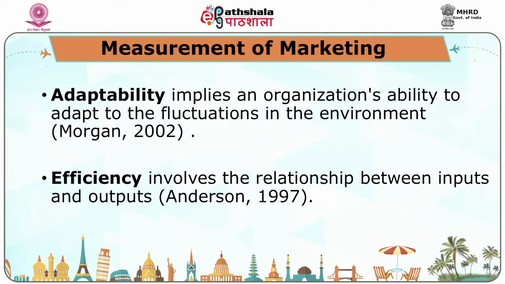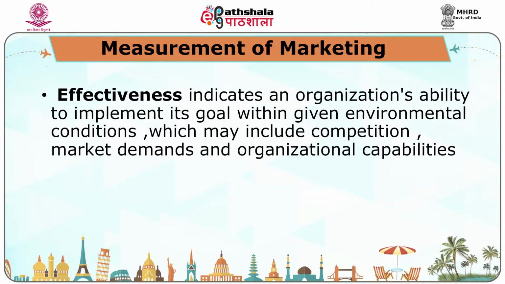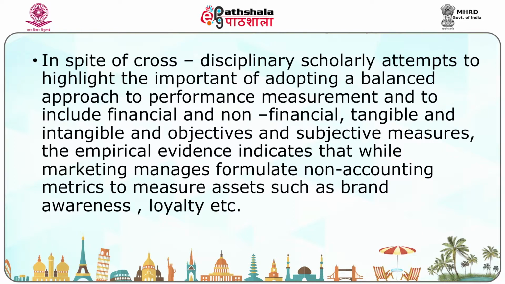By Morgan 2002, adaptability implies an organization's ability to adapt to fluctuations in the environment. Efficiency involves the relationship between inputs and outputs, Anderson 1997. Effectiveness indicates an organization's ability to implement its goals within the given environmental conditions, which may include competition, market demands and organizational capabilities, as said by Carl in 1998.